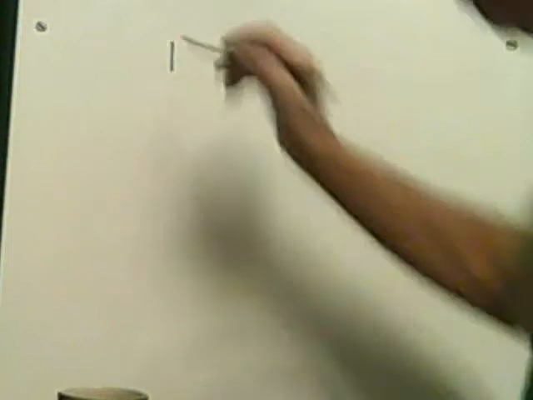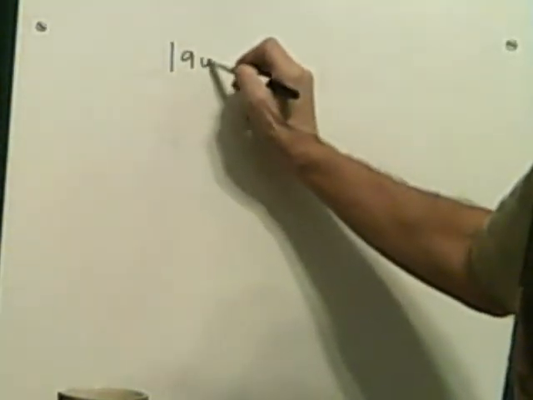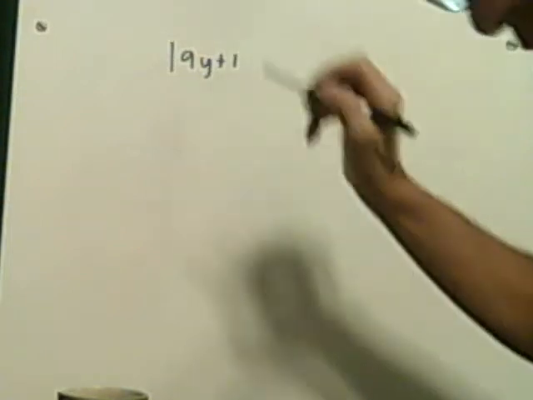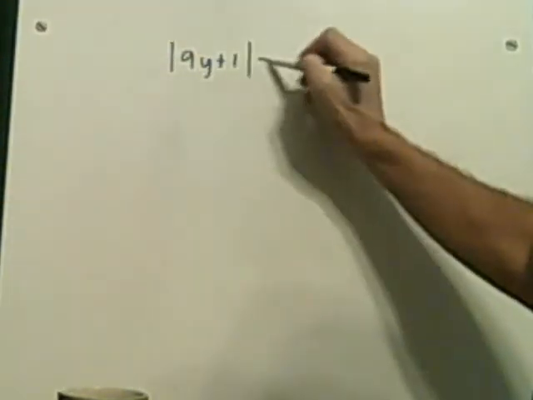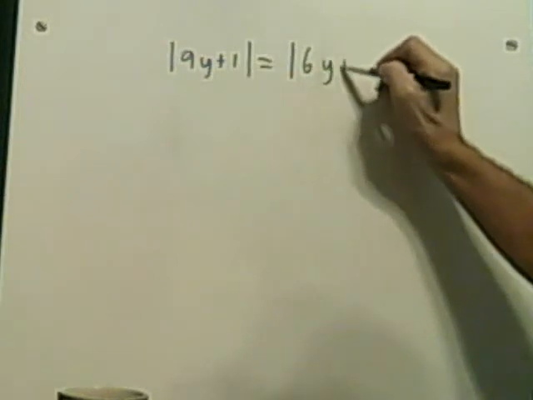Okay, now, this gets us to number 20. This, I will say, is another one that I got wrong the first time I did this section. The absolute value of 9y plus 1 equals the absolute value of 6y plus 4.